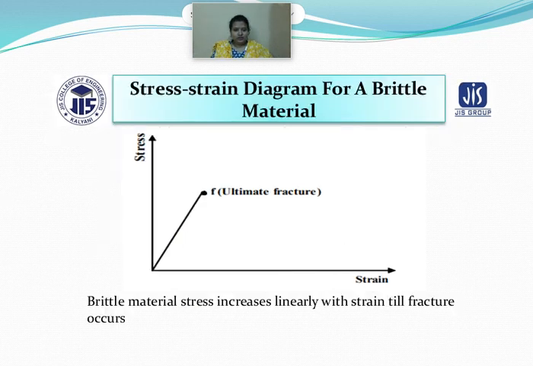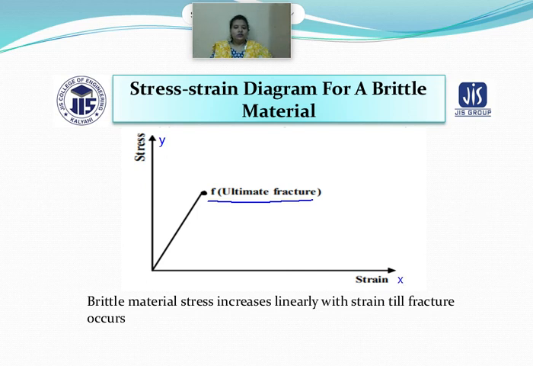Now if you look at this particular figure, the stress strain diagram for a brittle material, you can see that for brittle material stress basically increases linearly with strain till the fracture occurs. So this is the fracture that has occurred here at the ultimate fracture, that is the breaking point, and again the same thing, stress is on the y axis and strain is on the x axis.